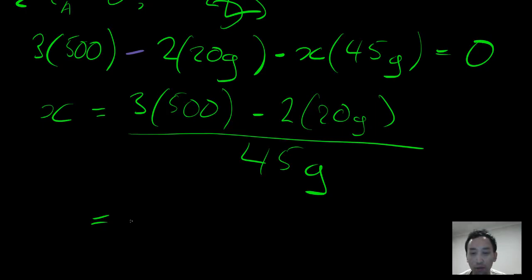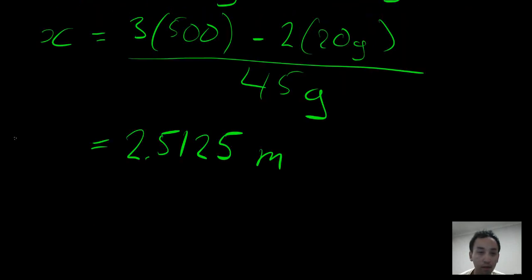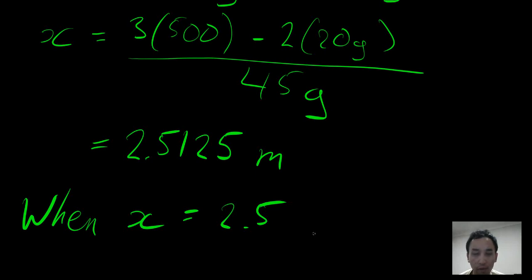So this gives us 2.51. Okay, that makes a lot more sense, 2.5 meters. We'll work with a few more decimal places since this isn't our final answer. Or is it? I think it is. So this is saying when x is approximately 2.5, then our tensile force in the string is 500 newtons.